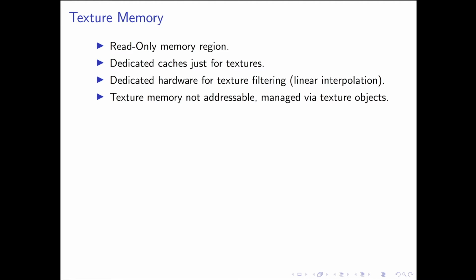In general, we can only use indices or coordinates into textures. That is, we cannot just obtain an address to the texture or to the memory that is associated with the texture. If we were able to obtain a pointer to that memory, we would also be able to figure out how the texture is arranged in memory.